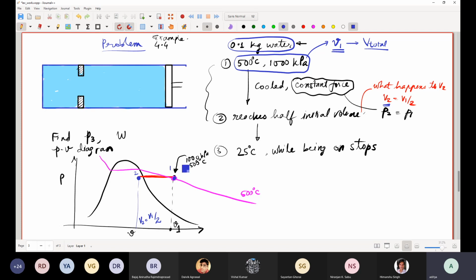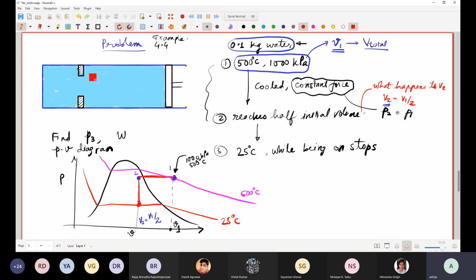So the question framing says that when it reaches half the volume, then it starts cooling to 25 degrees Celsius. So it has reached half the volume over here, after which it goes to 25 degrees Celsius. So let me draw the 25 degrees Celsius isotherm. This is the 25 degrees Celsius isotherm, and it starts cooling.